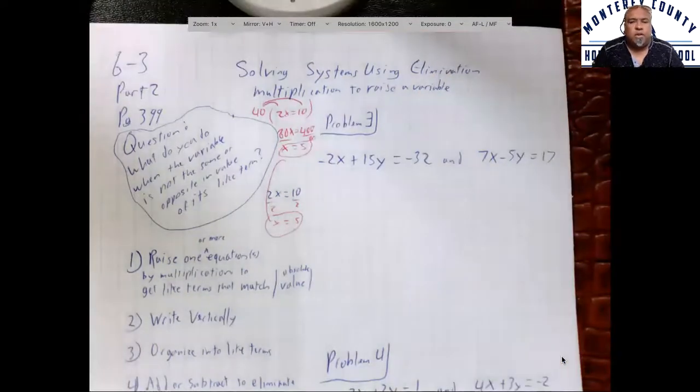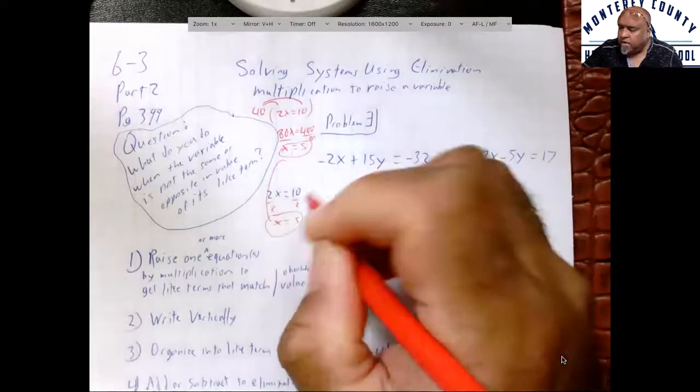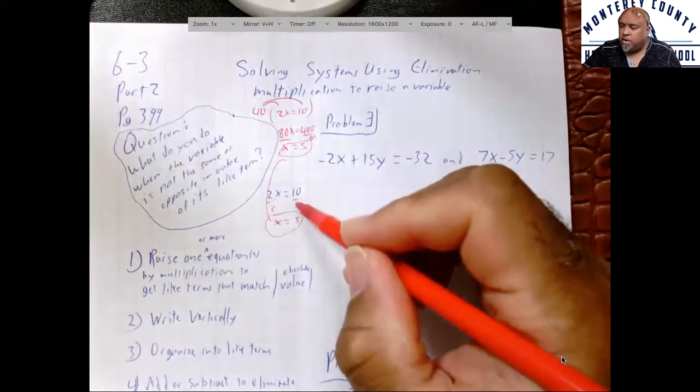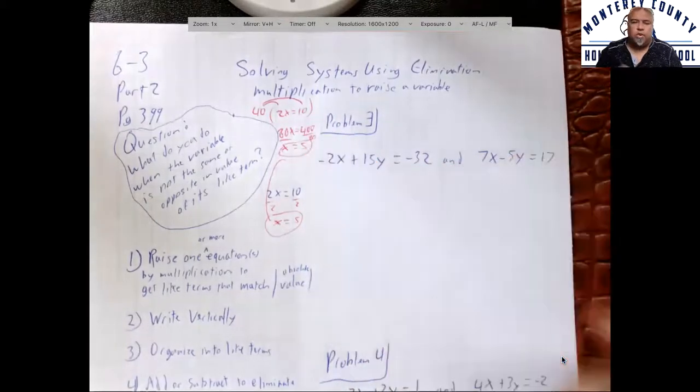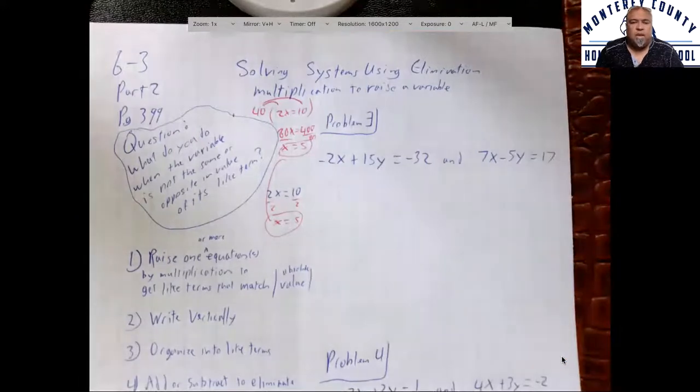One of the nice things about equations is that they are proportionate, the left and the right side of the equation, to each other, meaning that they kind of have a fixed relationship. So if x equals 5 in the simple equation, and I complicate the equation by multiplying both sides, the answer is still going to be the same. 80 is still 1/5 of 400, and 2 is still 1/5 of 10, okay?